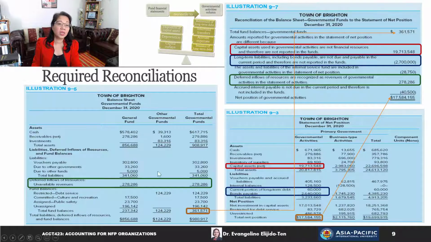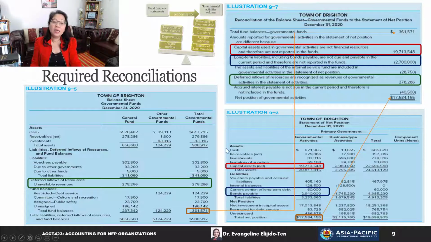This is recorded, as shown in the governmental funds, in the amount of 278,286. So notice here that the deferred inflows of resources are recognized as revenues of governmental activities. That means it's actually a revenue in one, but it's not a revenue in the other, in the fund balance. So that needs to be reconciled as well.